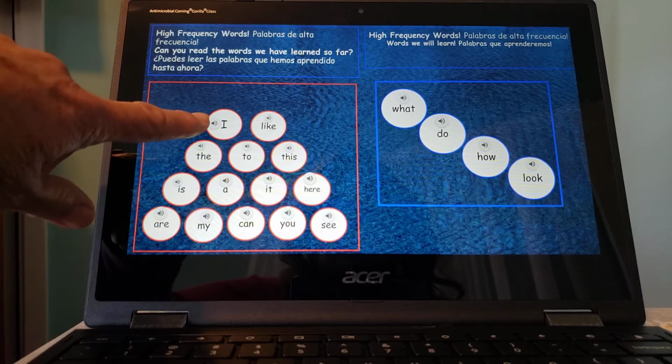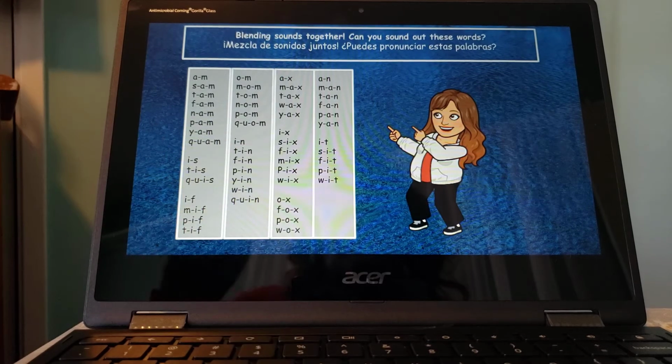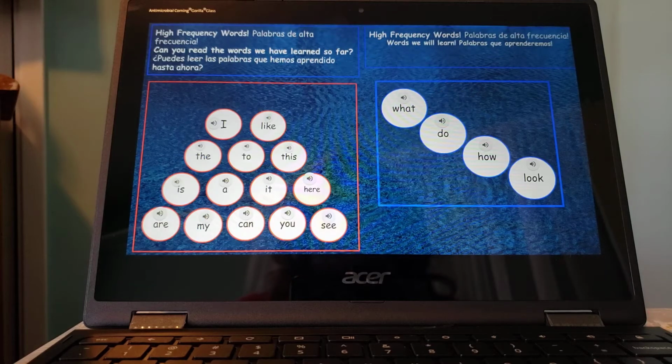These all have a little microphone next to them where I've recorded the name, it reads the high frequency word to them and uses it in a sentence. All they have to do is click on that and it will tell them the word. These are the ones that are currently in our unit that we are learning. They are really hard, but we're getting there.